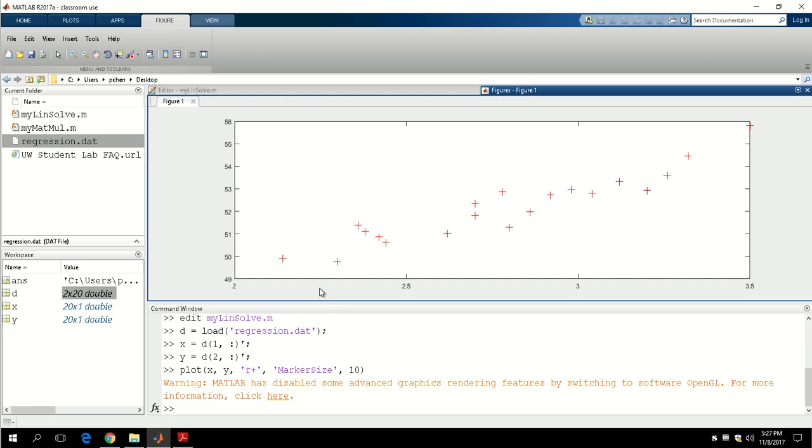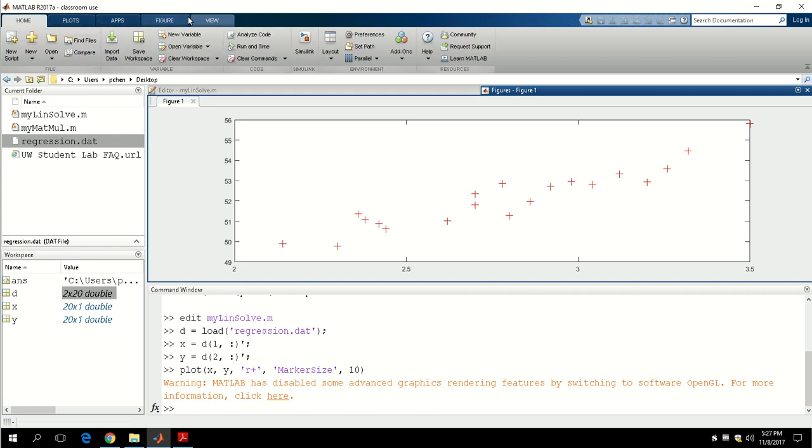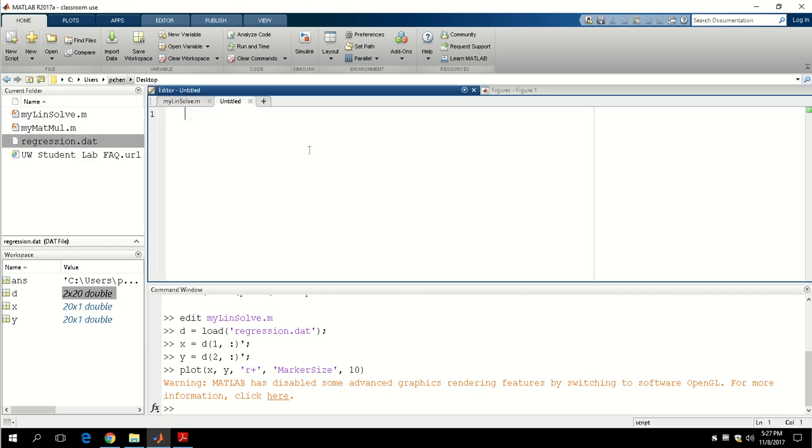So let's try to write a script. Let's write a new script. This is going to be E5 for our course, and this is going to be regression.